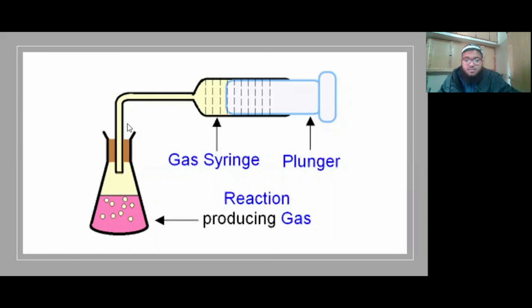The important point to note is that at the mouth of the conical flask, there is a cork over here. See this cork? This cork is to prevent the gas from leaking out or escaping, and this delivery tube is here so that no gas goes out and all the gas goes into the gas syringe.